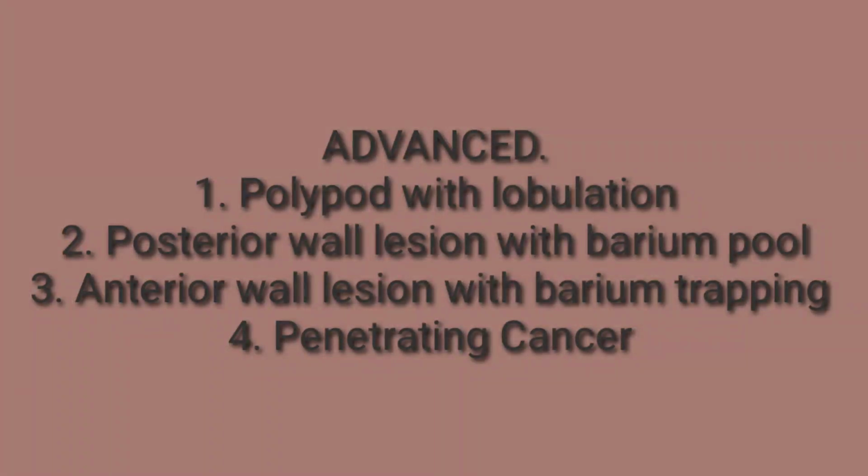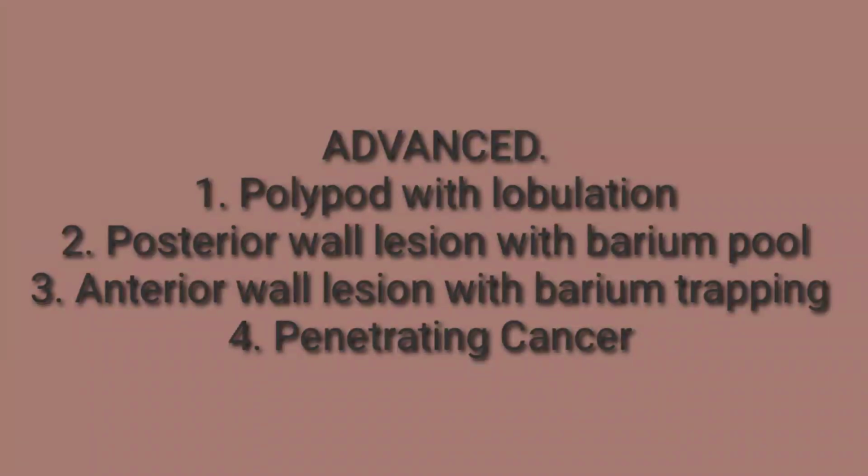But if the lesion is non-dependent, like on the anterior wall, barium would be trapped between the lesion and the adjacent structure. In advanced cases, there might be ulcerated carcinoma, which is actually penetrating carcinoma.